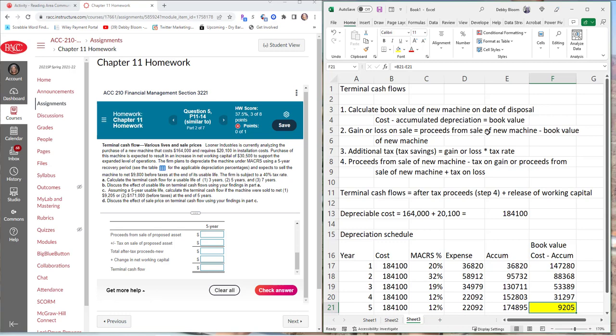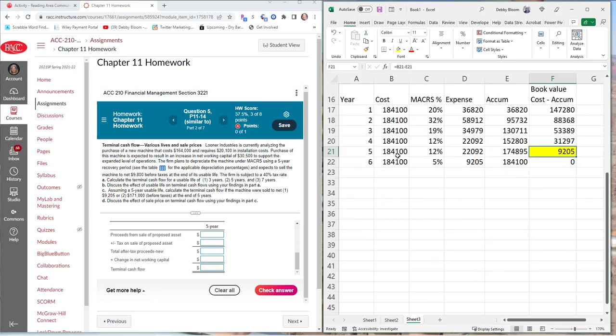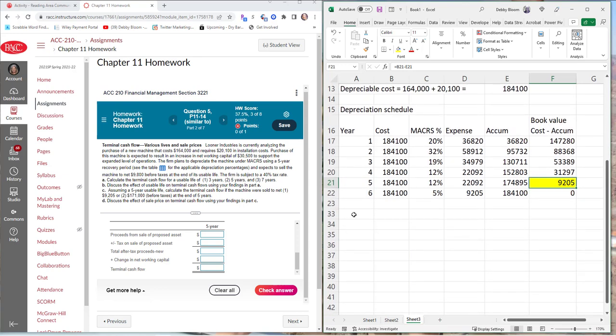We're going to take the proceeds, subtract the book value, calculate the tax, and then calculate the after-tax proceeds. Now that we have our book value on the date of disposal, step 2 is to calculate the gain or loss. Remember, if it comes down to a negative number, we have a loss. We take the proceeds and subtract the book value.